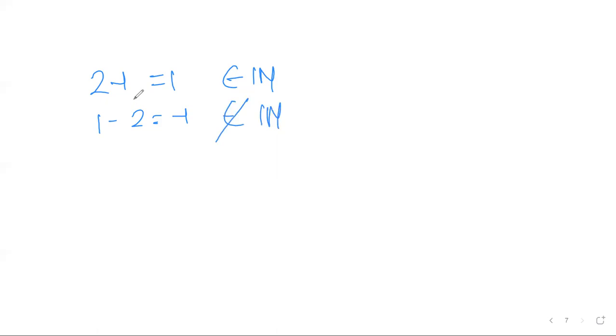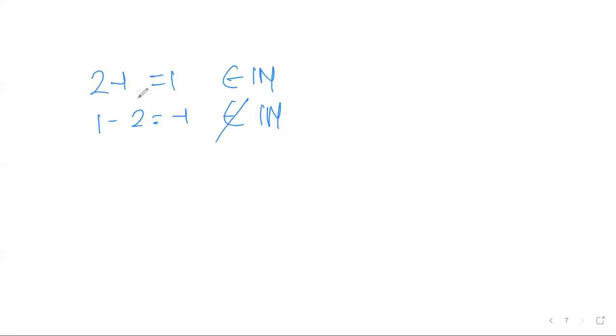Now, you can question me, sir, is minus well defined on natural numbers? I will say no, because if we take 2 minus 1, that is 1, which belongs to the natural numbers. If we take 1 minus 2, that is minus 1, which does not belong to the natural numbers. So the subtraction operation is not well defined on the natural numbers.